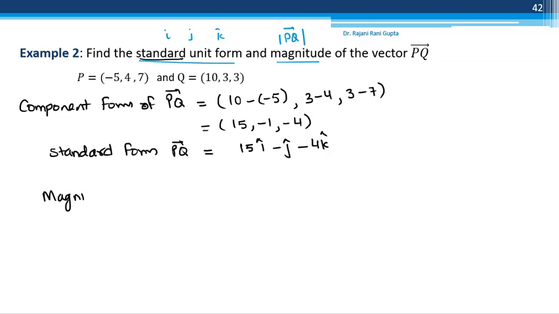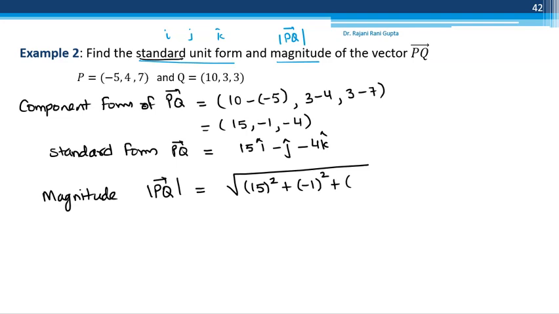Magnitude is nothing but the length. So magnitude of PQ, you can write it as square root of 15 square plus minus 1 square plus minus 4 square. See, it will be easier for you if you take the numbers from the component form to avoid the mistake of sign. Okay?